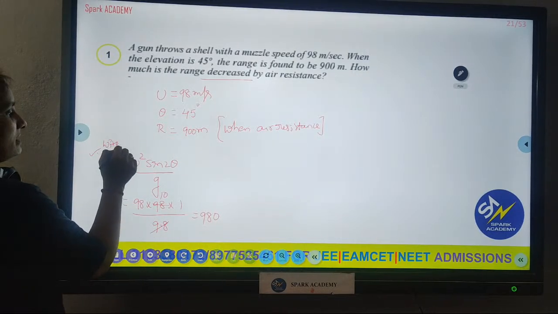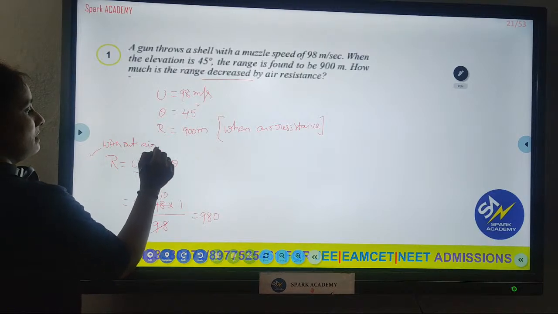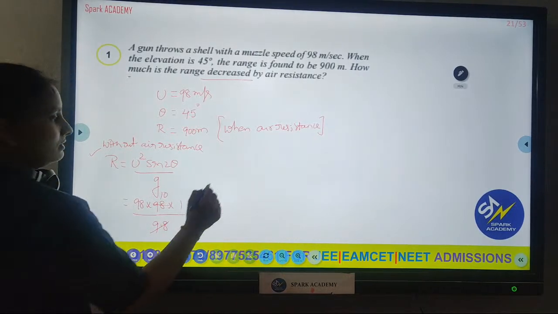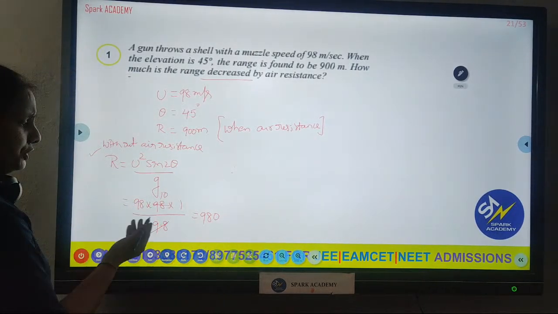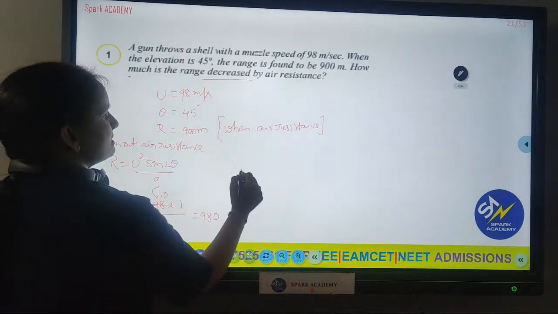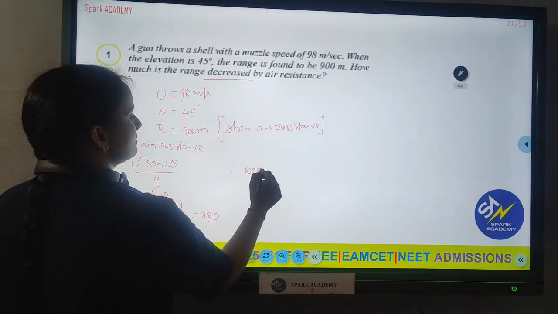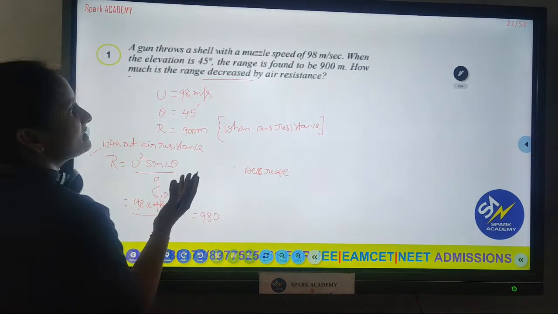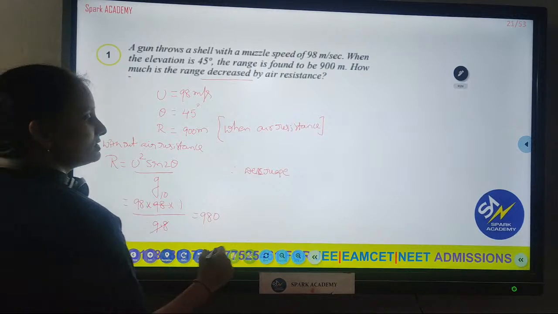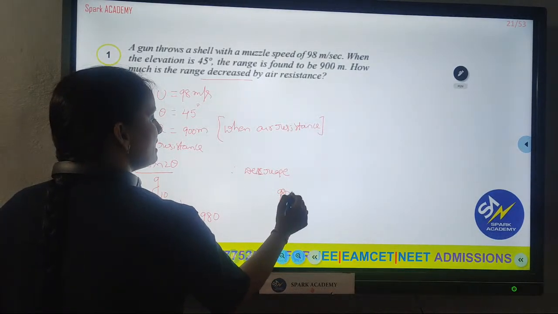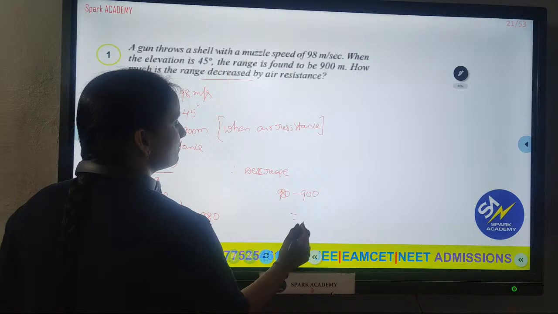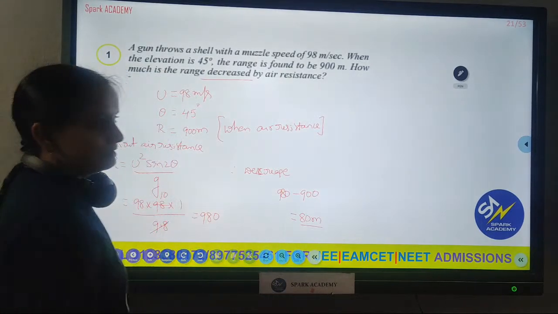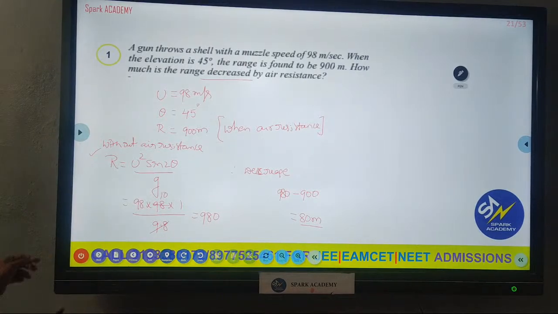Therefore, the decrease: how much the range is decreased by the air resistance means 980 minus 900, which is equal to 80 meters. That is the decrease in range.